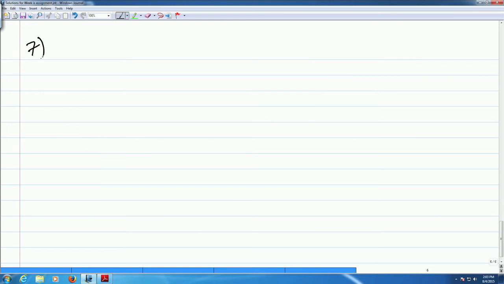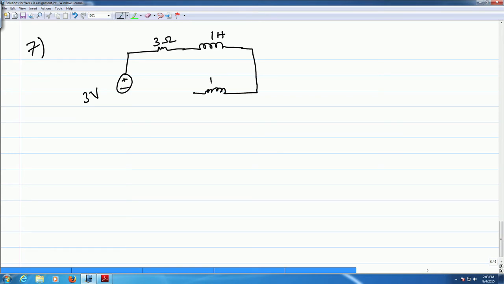Okay. So, this is the 7th question, and the circuit goes as this. There is a 3 volt supply, and then there is a 3 ohm resistance, and then there is a 1 Henry inductance, and then there is a 1 Henry inductance here again along with some resistance. I believe it is 1 ohm, it is not so crucial.